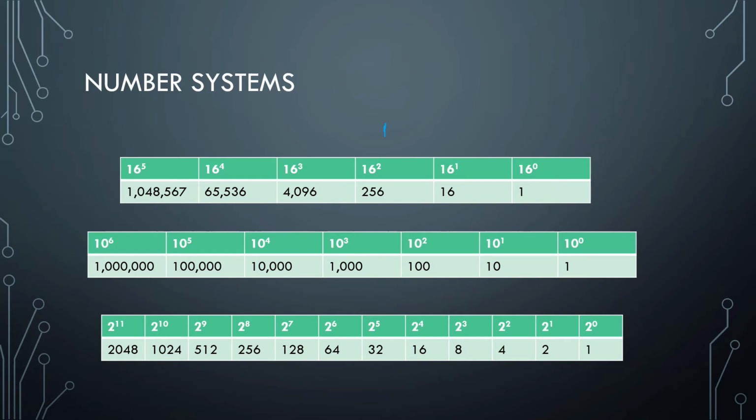This below it is just our typical decimal system, right? Anything in the third column we know is representing that number times 100. And on the bottom we have our binary system. So anything in the third column is representing that number times 4. So this is a good look at all the different bases and place values of these number systems.